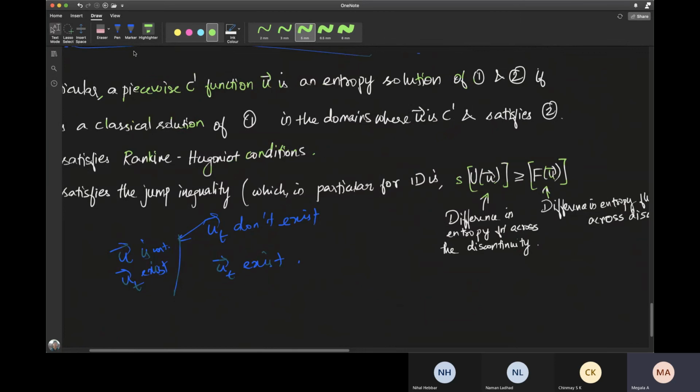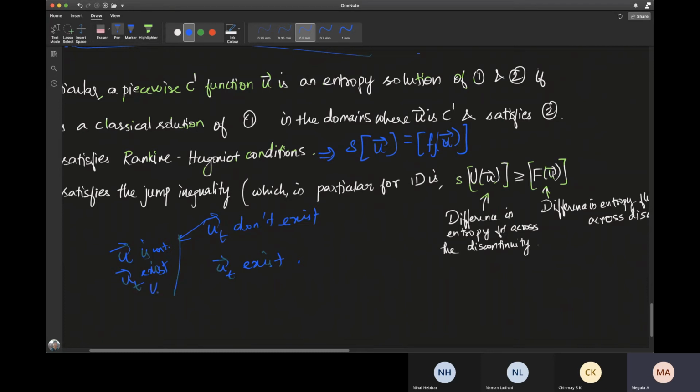That was speed into, this actually was speed into, let me write this, difference in U vector equal to difference in F. When I write something in a box, it means the difference in U vector across the discontinuity.